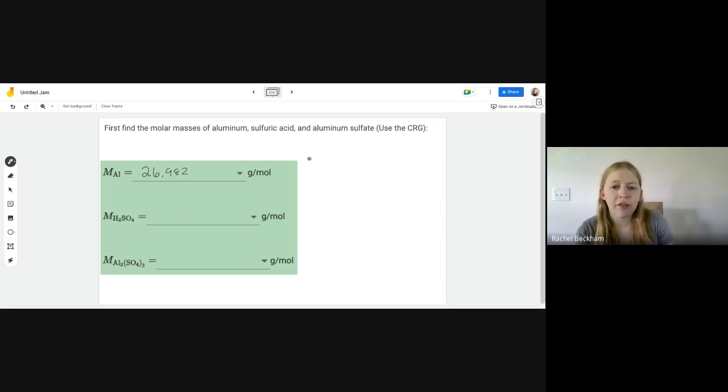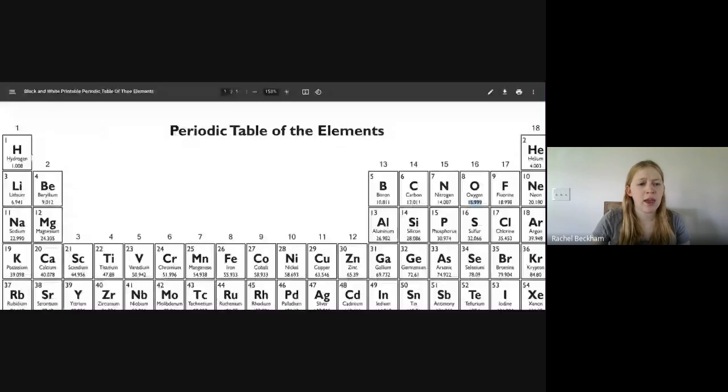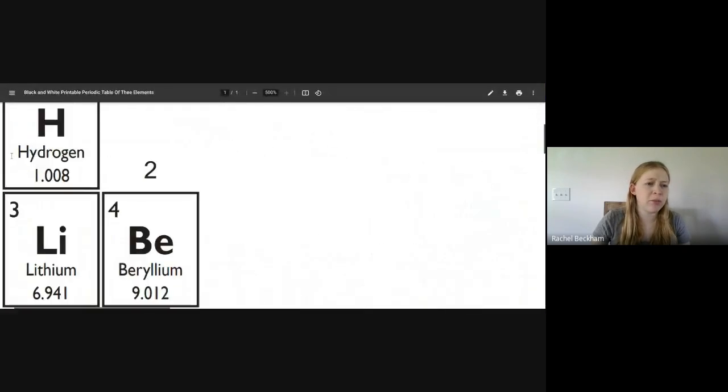For H2SO4, we need to add all of that up. So remember that we have 2 H's there, 1 S, and 4 oxygens. See, H2SO4. So whatever the molar masses are, we need to multiply by that amount. So we're going to go find H, S, and O. H's molar mass over here, let's just make that 1.